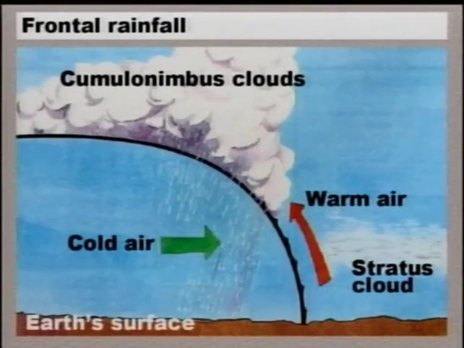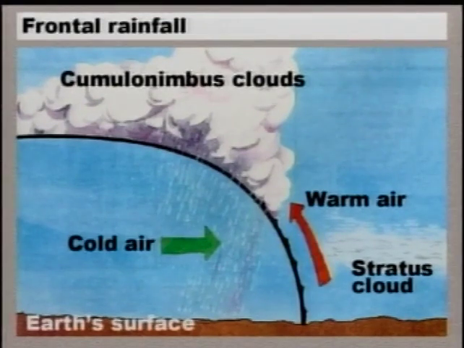Okay, let's move on and look at the different types of precipitation or rainfall that you were supposed to do for your activity as homework. First one is frontal, and we have said that frontal is also known as cyclonic.